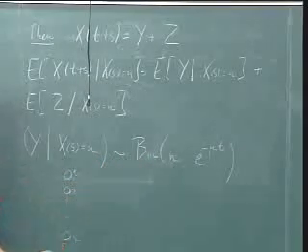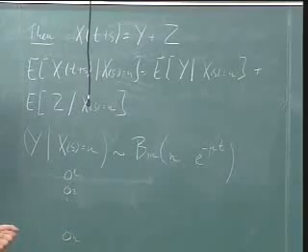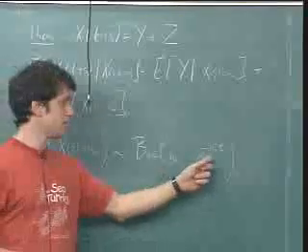So that's why this just becomes a binomial random variable. It's like trials. You have n trials, and how many will result in a success, when the probability of a success is e to the minus mu t.